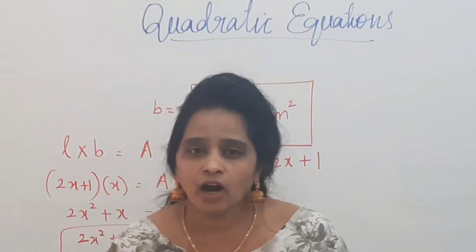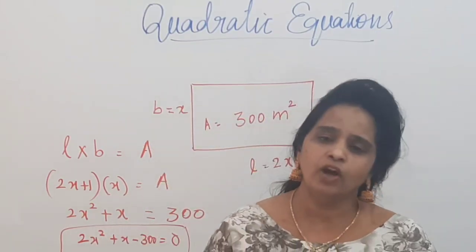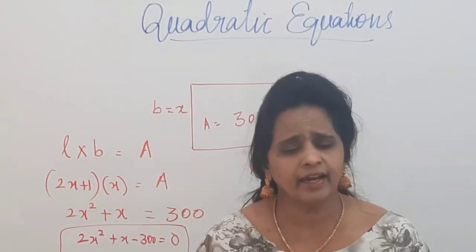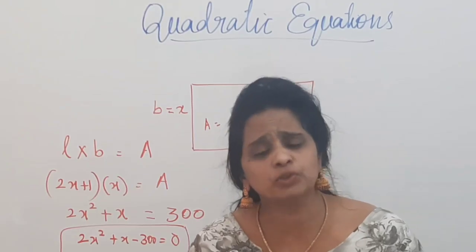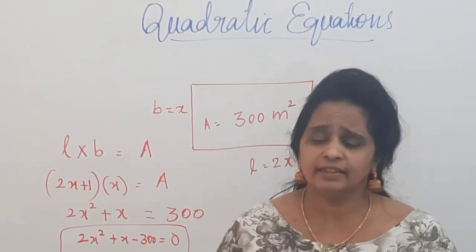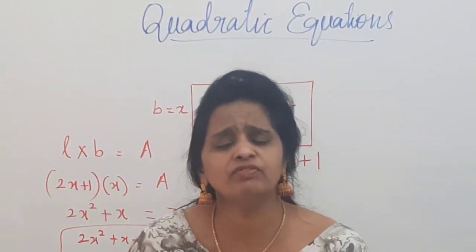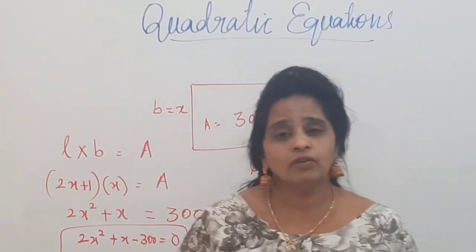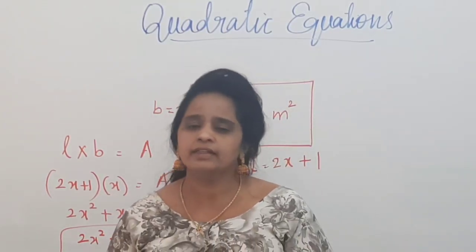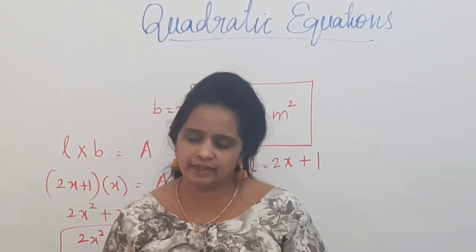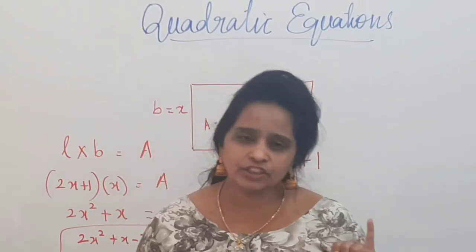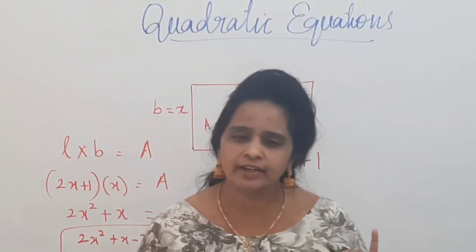So how to get my solution for my quadratic equation, and then what type of solution is this? That is, what would be the nature of this solution? That is the last concept that we are going to study in this chapter. First, in which situation I have to frame the quadratic equation.